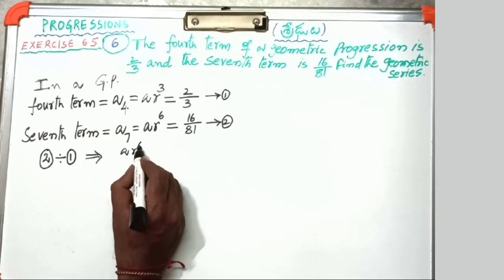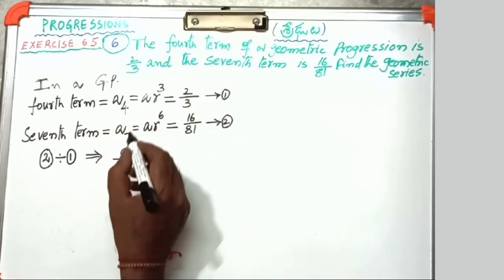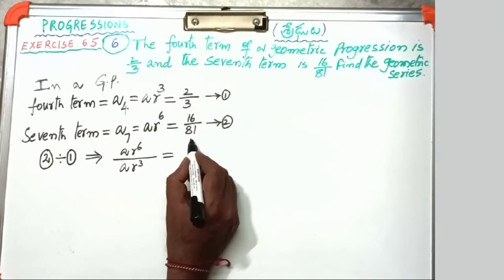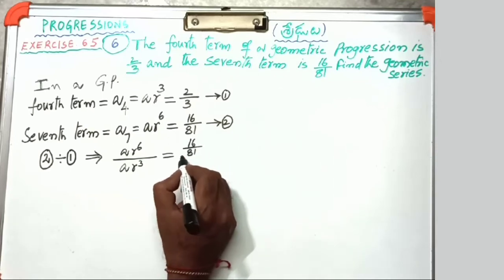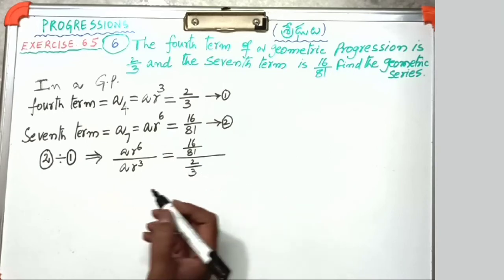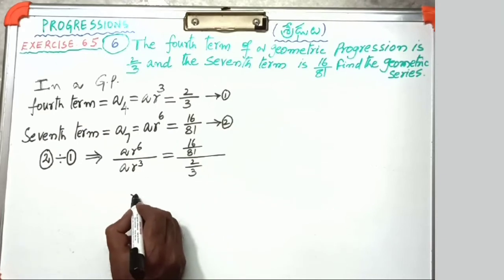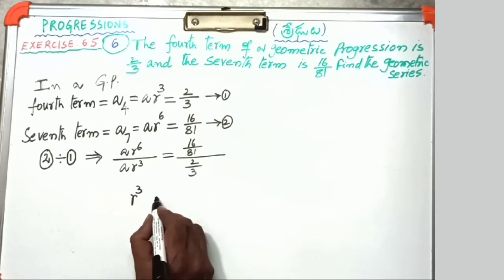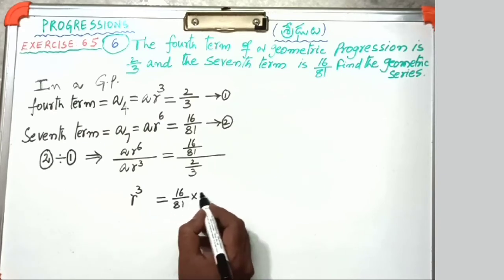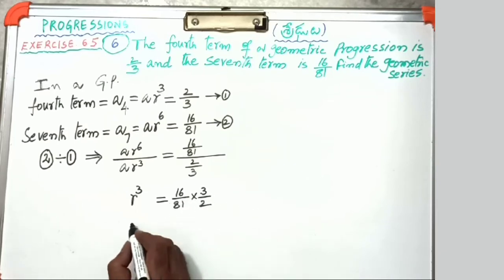So divide left side and right side. AR to the power of 6 by AR cube is equal to 16 by 81 whole by 2 by 3. Now A is cancelled, R to the power of 6 by R cube gives only R cube, that is equal to 16 by 81 into 3 by 2. 2 in 16 is 8 times.